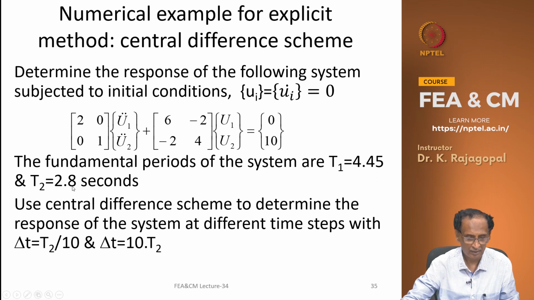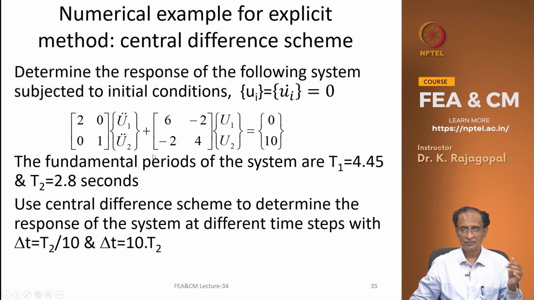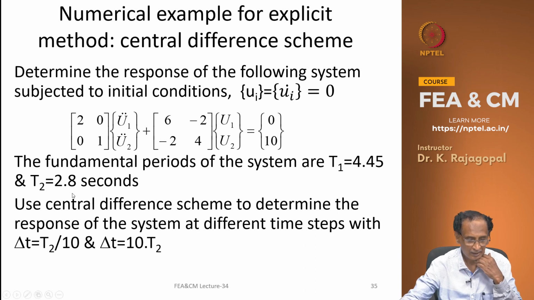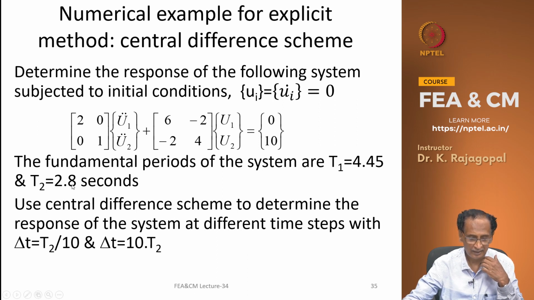So, T2 is 2.8, T1 is 4.45, and let us solve this system by using the explicit method, the central difference method, with delta T of T2 by 10 and delta T of 10 times T2, that is 0.28 and 28 seconds.